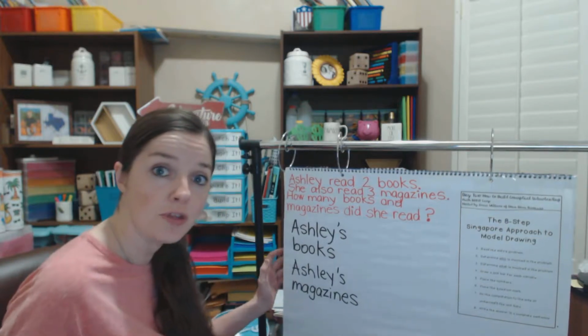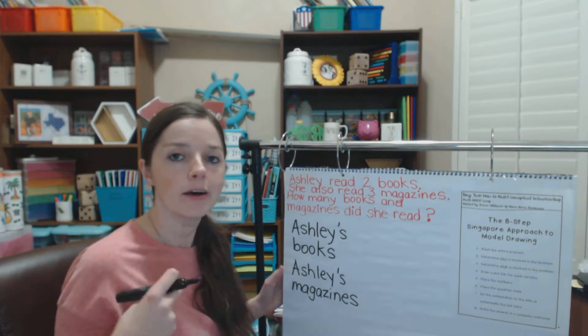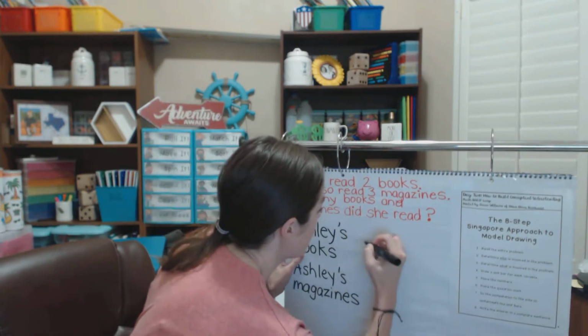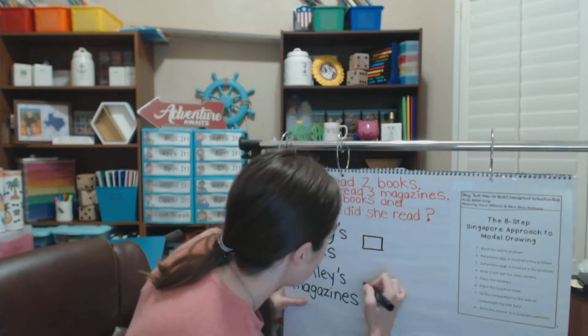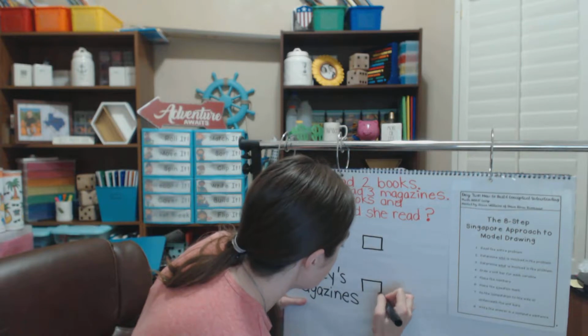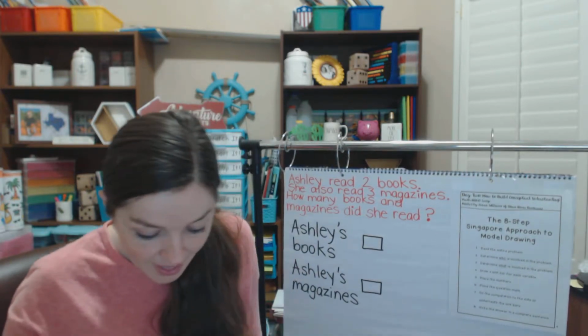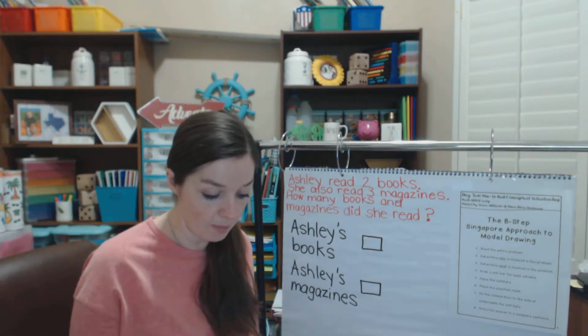So we want to make sure we're drawing these unit bars accurately. Otherwise, this can lead to misconceptions later. So Ashley's books, I'm going to draw 1 unit bar. And Ashley's magazines, I'm going to draw 1 unit bar. Now we represent each of the variables with the unit bar.